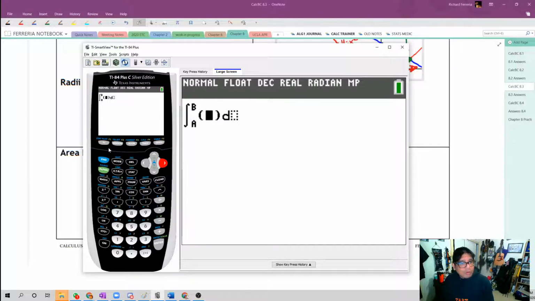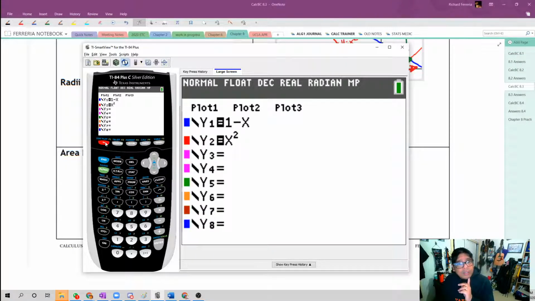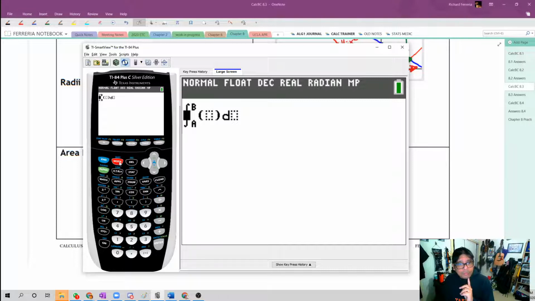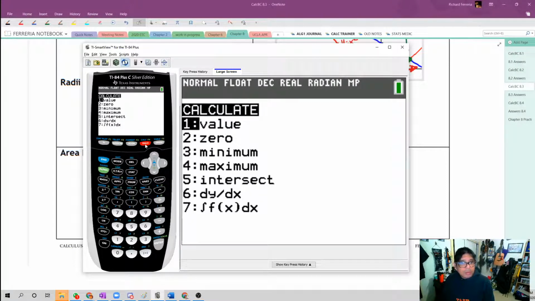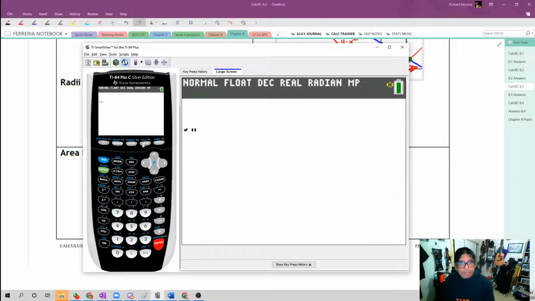Now, I don't remember which curve is which, so I'm going to go take a peek. It looks like y1 is going to come first. So this is going to be pi times y1 squared minus pi times y2 squared, dx.